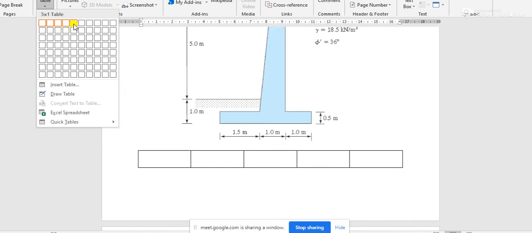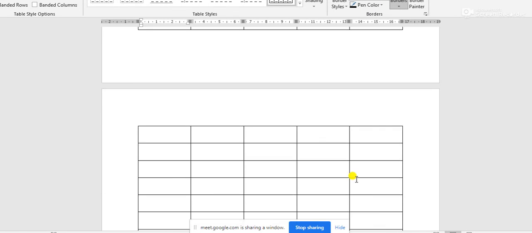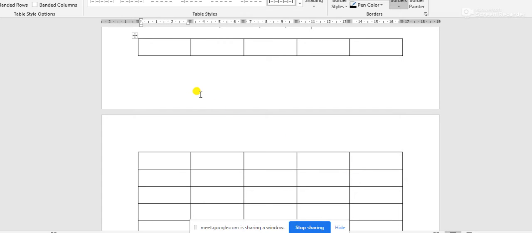Lever arm factor means nothing but the distance of the CG of that area from some specific point. Okay, now there may be several rows, and the number of rows depends on how many parts there are. Let's prepare the table.